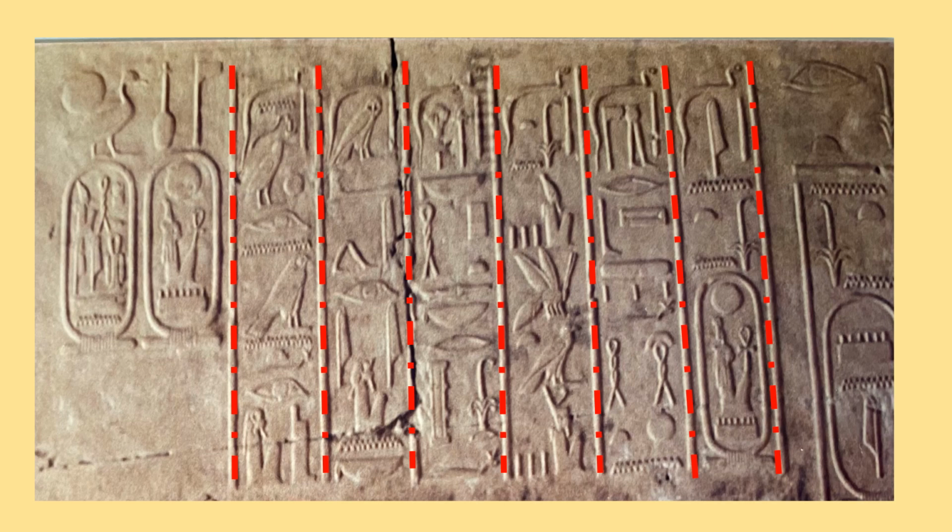The main body of text is separated by 7 vertical lines, creating 6 columns or 6 statements. Each statement begins with the Egyptian cobra and the walking stick, which is transliterated as DJT, and pronounced jet. It is associated with the idea of speaking.